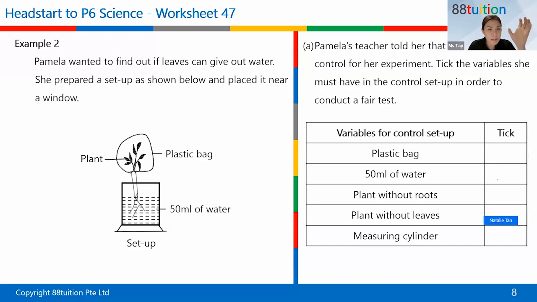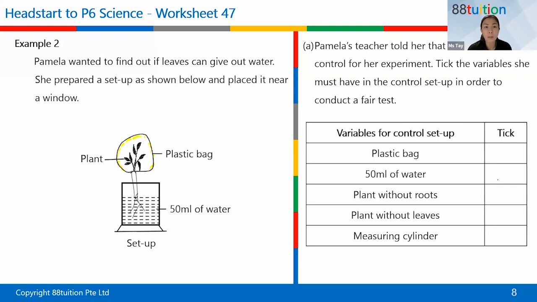So if we have one setup that has got leaves there, the plastic bag will capture all the condensation, isn't it? So we should have another setup exactly the same. You are going to have the plant without leaves.